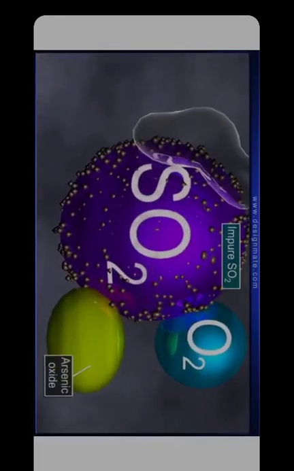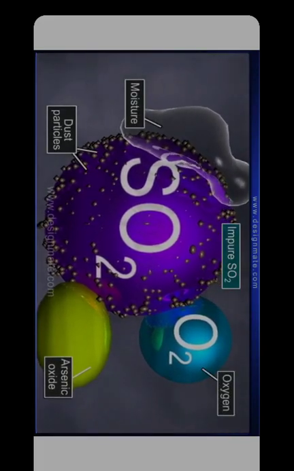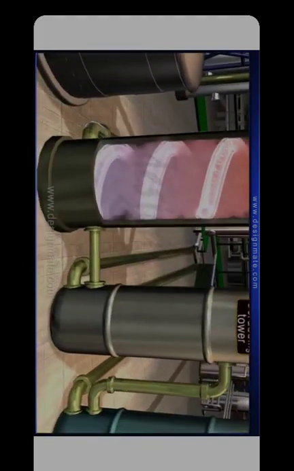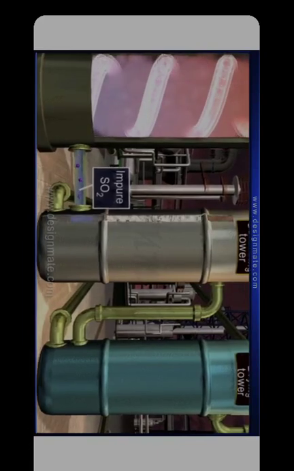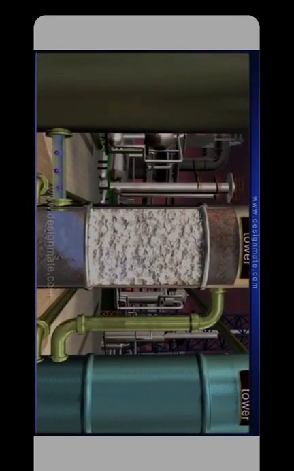This cold sulfur dioxide gas contains certain impurities like arsenic oxide, dust particles, moisture, oxygen, etc. This impure sulfur dioxide gas is allowed to pass through the scrubbing tower. This tower is packed with acid-resistant quartz.